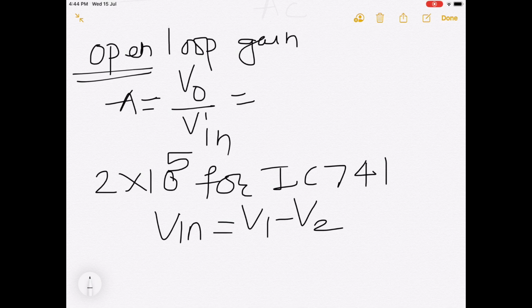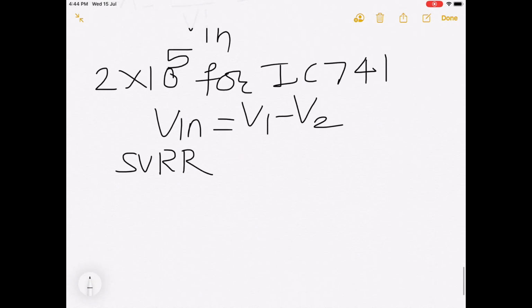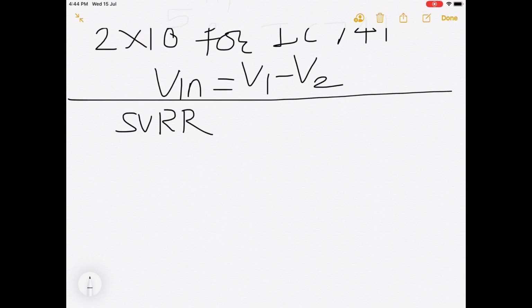Then next is SVRR, after CMRR and open loop gain. SVRR is the supply voltage rejection ratio. If the power supply voltages, V plus and V minus, drift from their nominal value, the output voltage of op-amp changes.